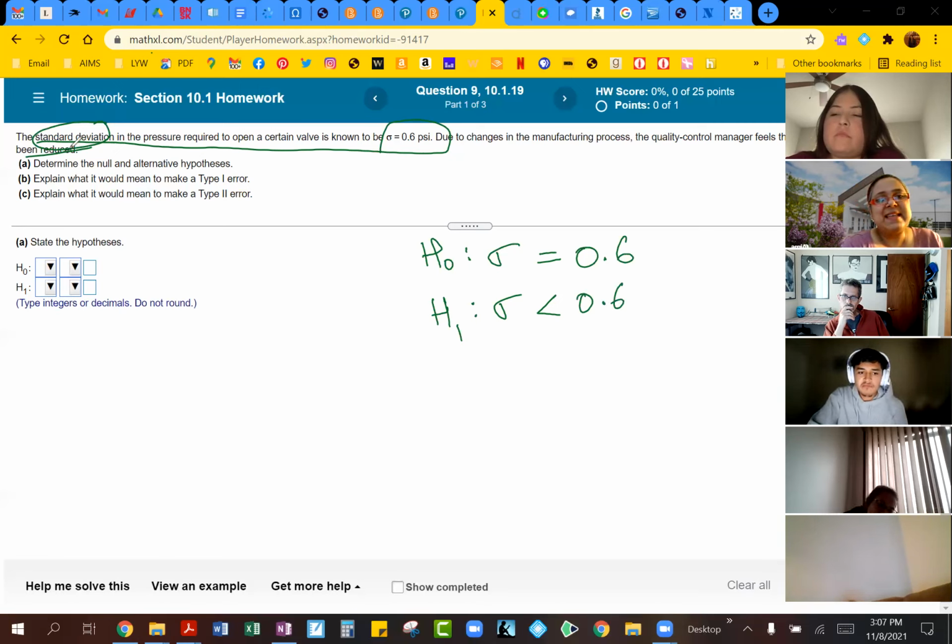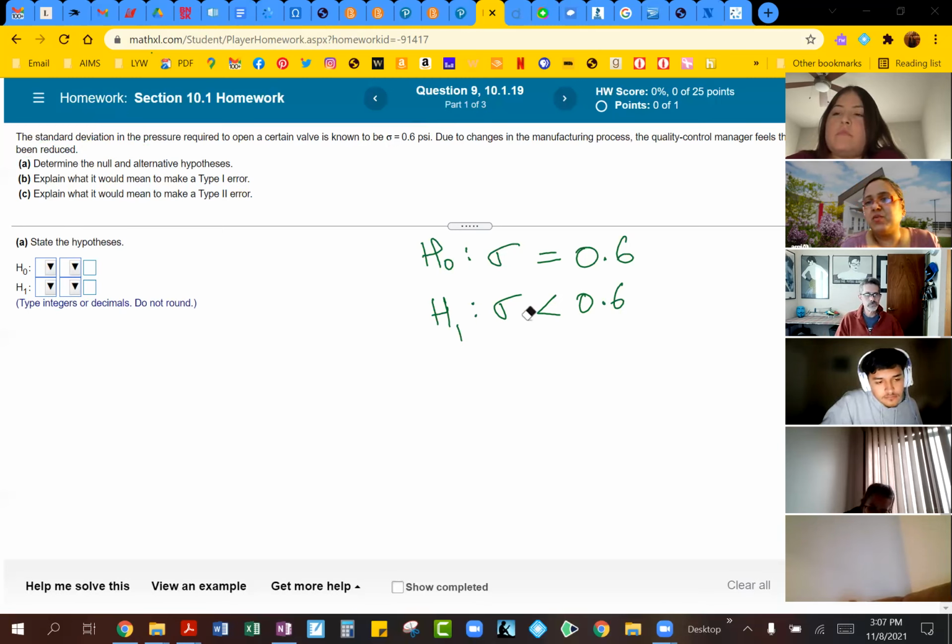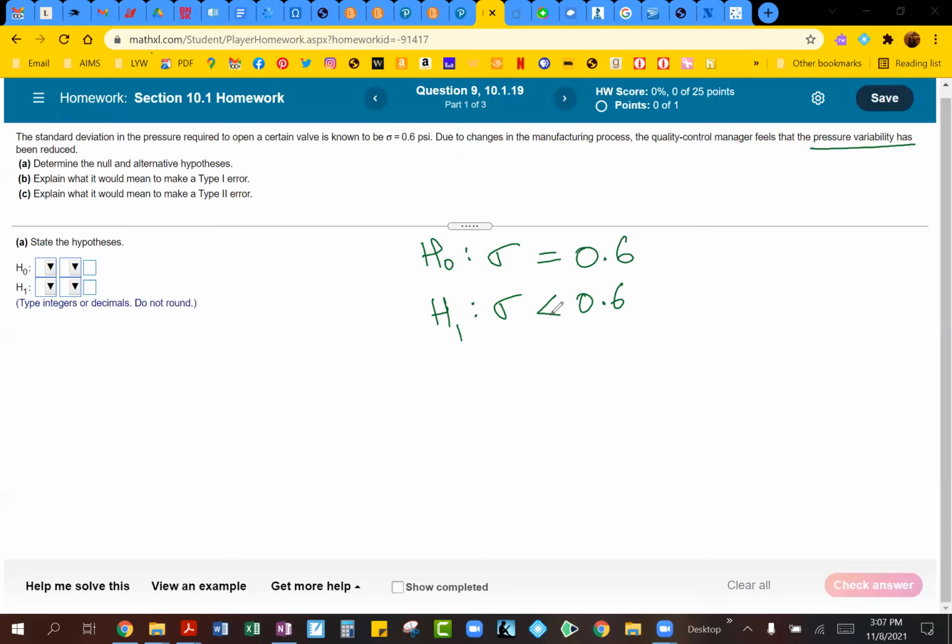If they had said increased, then you would be using the greater than symbol. It's really just as simple as the observation they are making. Since this was reduced, that's the reason we are using the less than symbol.